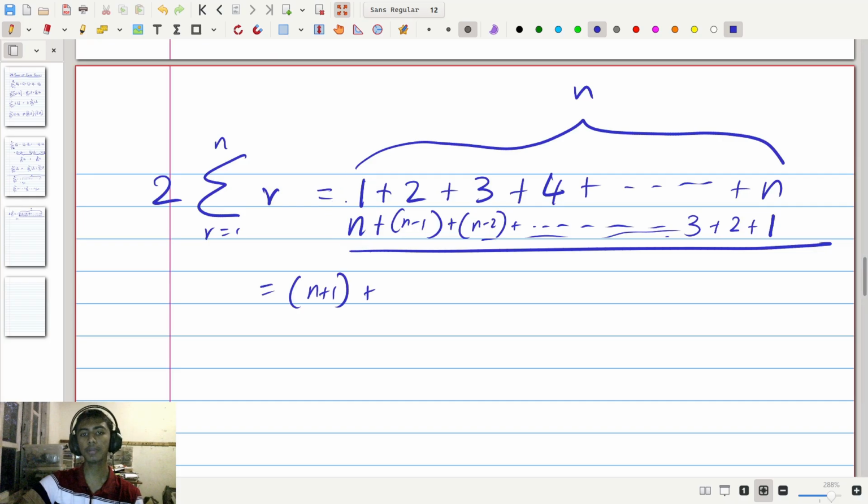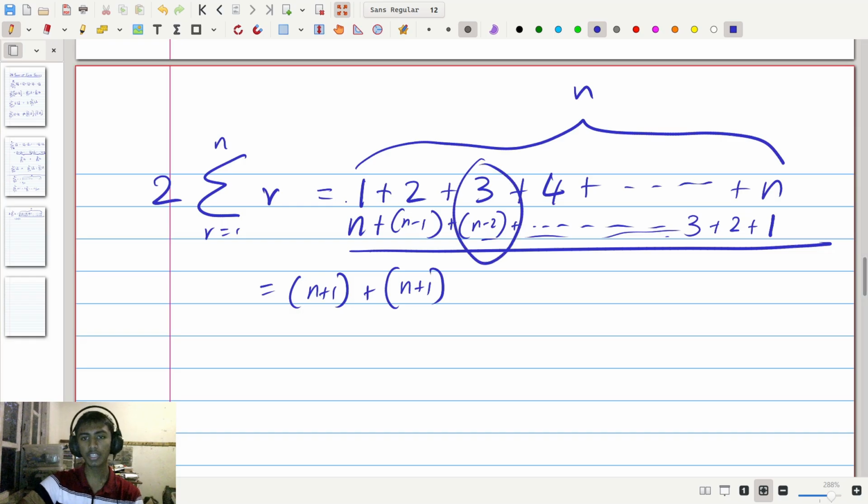As for the next term after that, here we have a 2 and an n minus 1. If we add them together, we have 2 plus n minus 1. We can take the 2 and the minus 1 together and write them as 2 minus 1, and 2 minus 1 is just going to be 1. So therefore, this bit is simplifying to 1, and we have an n additional to that, so we have n plus 1 there as well.